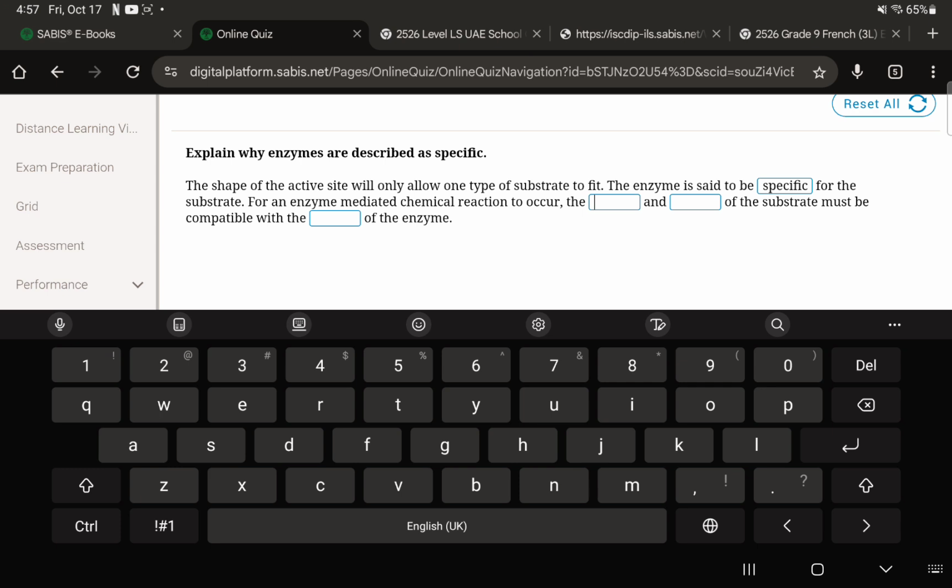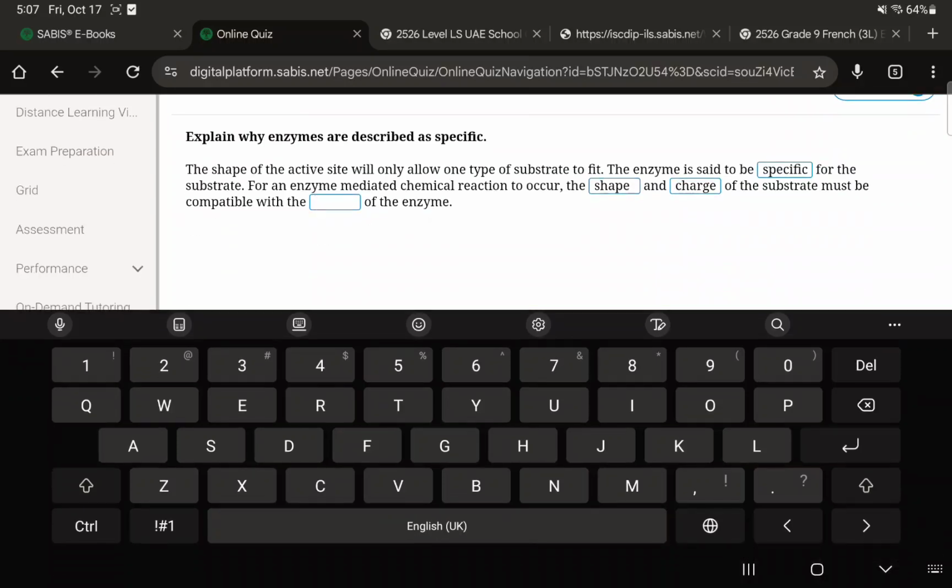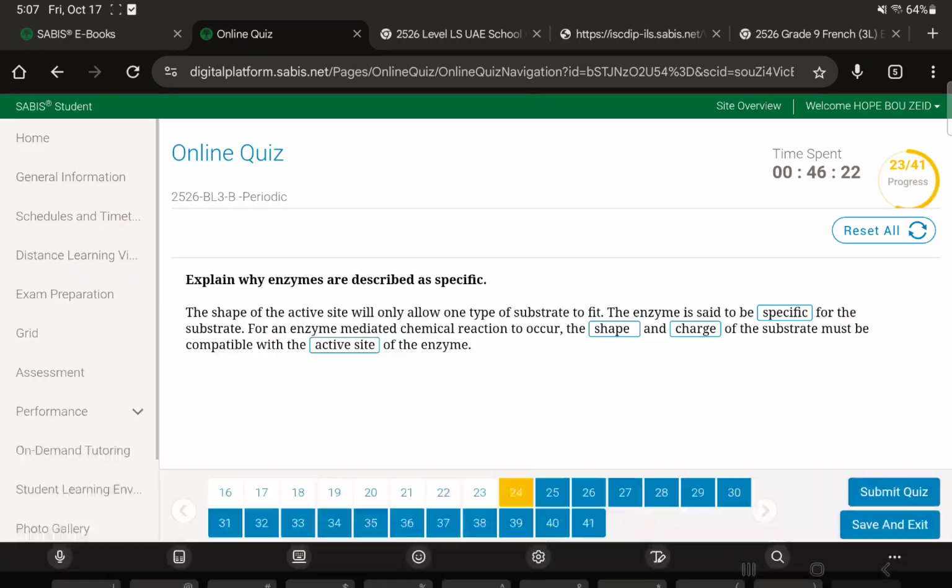So the shape and charge of the substrates must be compatible with the active site of the enzyme.